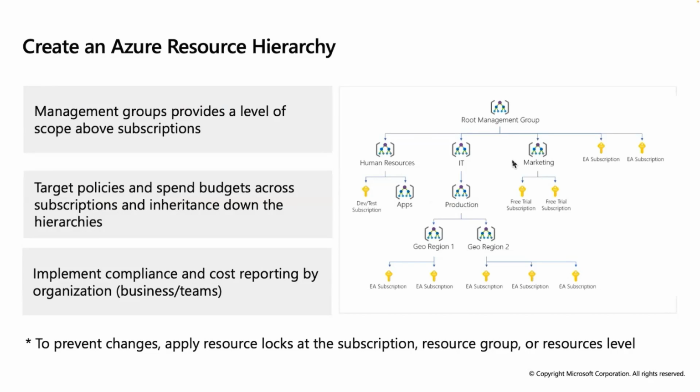This is more like a resource hierarchy, and that can be done through management groups. A management group provides a level of scope for how you want subscriptions to be put into a hierarchy, and it also implements compliance and cost reporting for the organization. So it makes it a lot easier. So here you can see one management group.